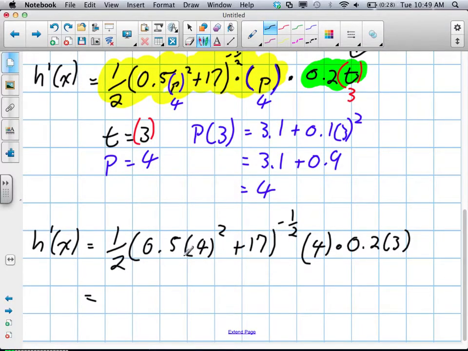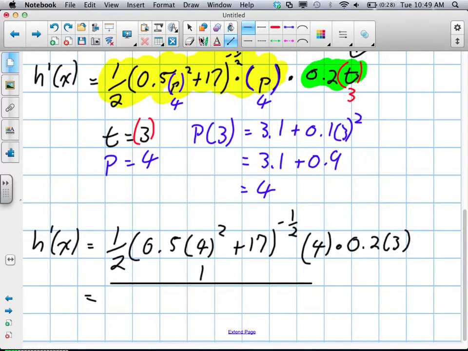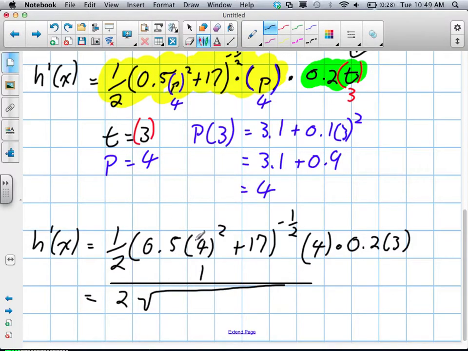This is all technically above. This is technically 1 over 2 times the root of 4 squared, which is 16, times 0.5 is 8, plus 17 is 25.